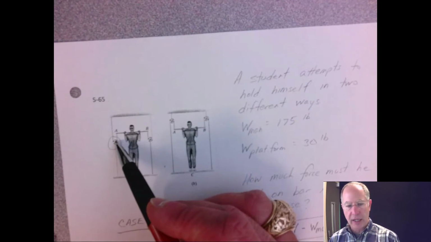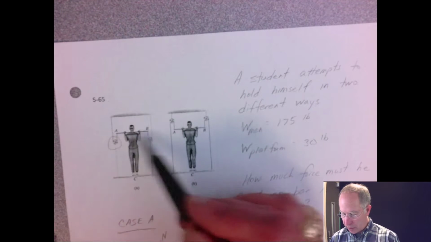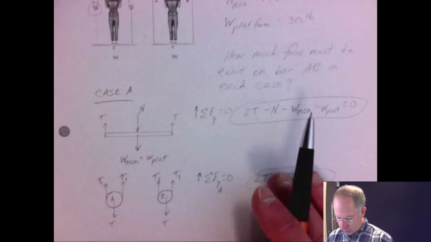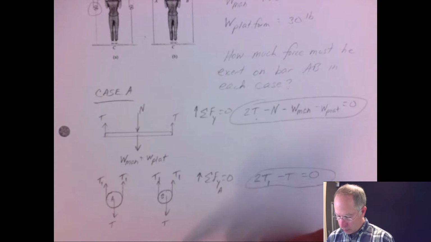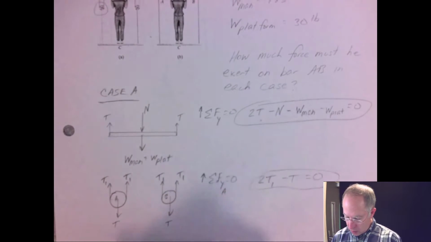So let's move on to the next item in the line of forces. This T1 goes up and this T1 goes up and attaches to that bar. So let's do a free body diagram of that bar, bar AB.